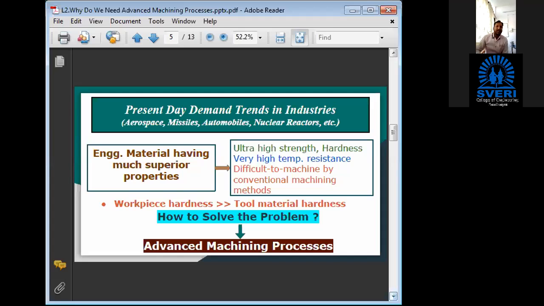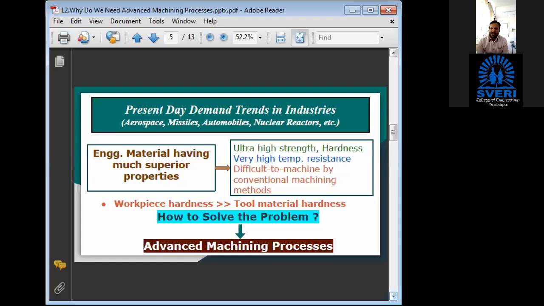The industries I have mentioned, aerospace, missile, automobile, nuclear reactor, have a present day trend of needing engineering materials with much superior properties. But when we use these ultra high strength materials as workpiece metal, another question arises, or we can call it a limitation of conventional machining: how to machine such metal, how to cut it or do operations on it.